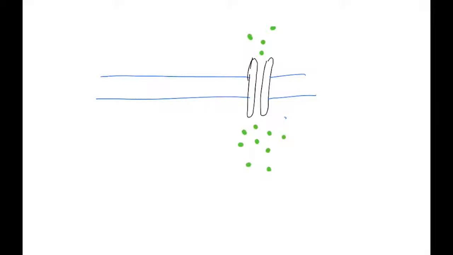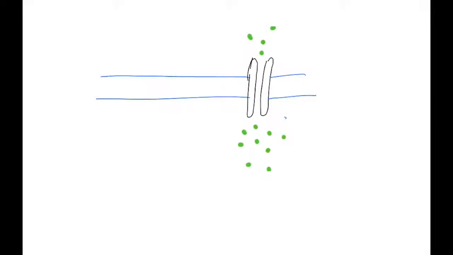And the question will say, is that movement of that molecule active or passive? How can you tell? No ATP is listed. You can't. There's not enough information there for you to tell because you need a direction of movement.